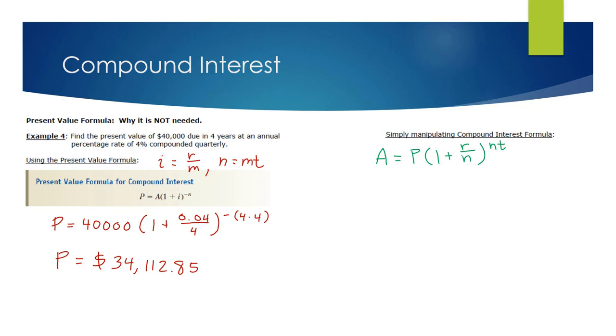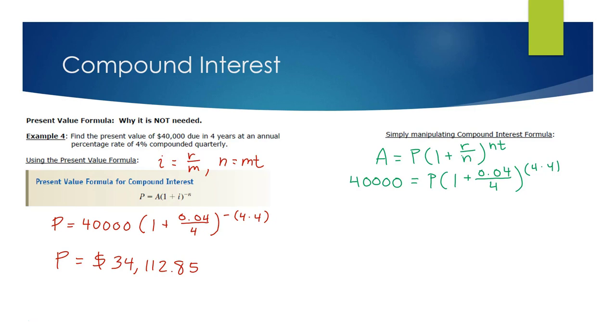and I just put things where they belong, I know that the final amount, the amount I want to have, the accumulated amount, is 40,000. I know I'm looking for P. I know that r is 0.04, m is 4, and t is 4, in the way we're defining it here, m being the number of conversion periods, and t being the number of years.